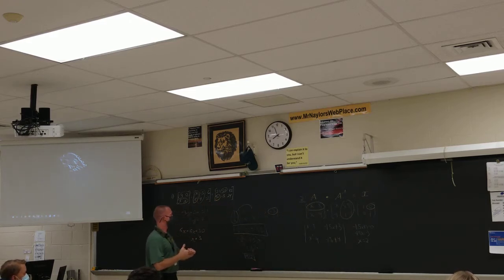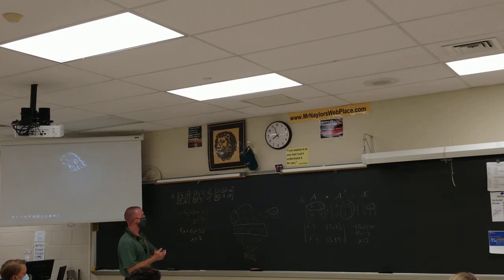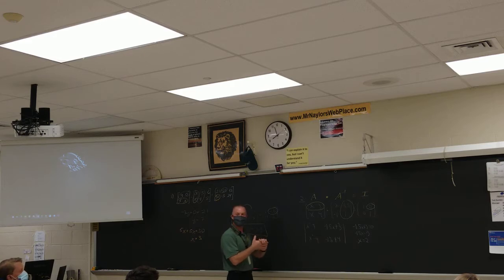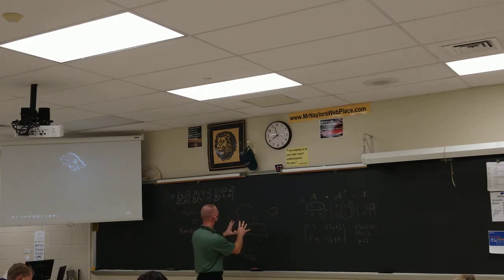Question. Maybe I'm missing something, but help me out. What happened to the determinant? I didn't notice that when I called upon you, but it's all right. We can still kind of figure it out.